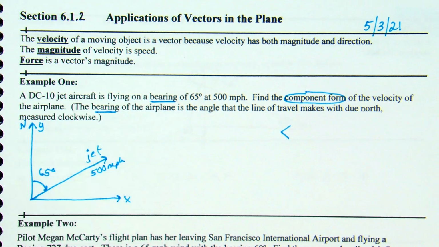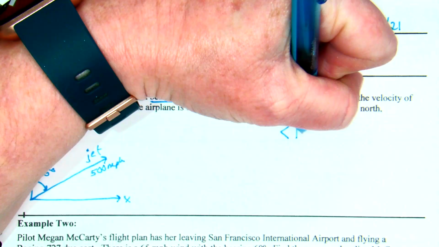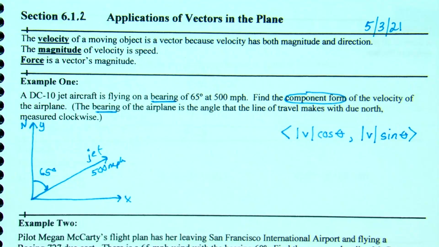A is the absolute value of the vector times the cosine of the angle, and B uses sine. Does this sound familiar? So it was the magnitude or absolute value. For the first component, it's magnitude or absolute value of V times cosine of theta. And for the second part, it's magnitude or absolute value of V times the sine of theta. And if you recall, those were my horizontal and vertical components.